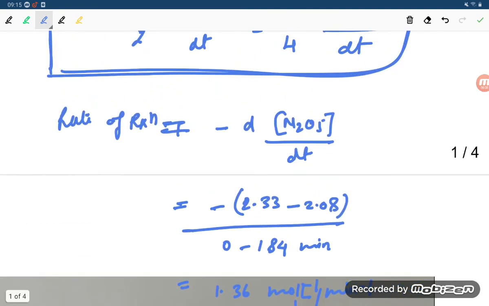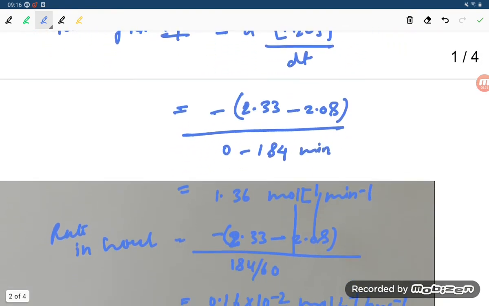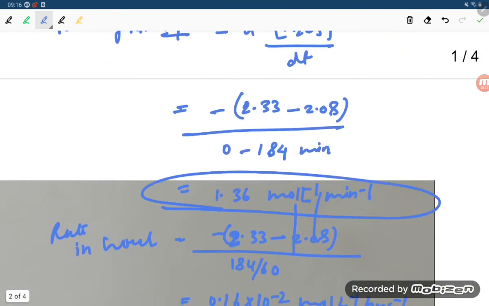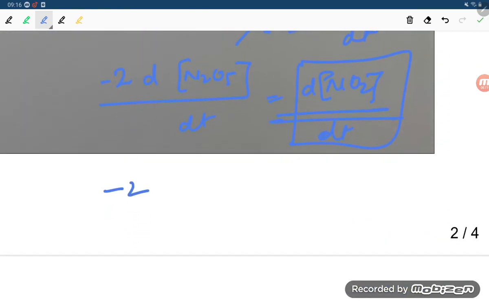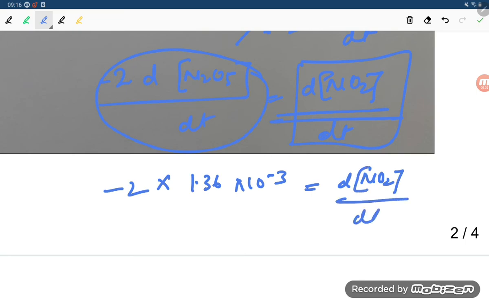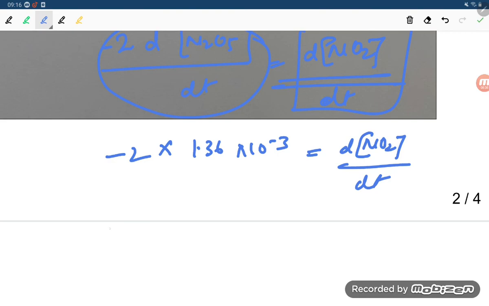1.36 mole liter inverse per minute. So we can put the value here, multiplied by 1.36 into 10 power minus 3, this total value we got, and it is equal to dNO2 by dt. So you can multiply it out, student.